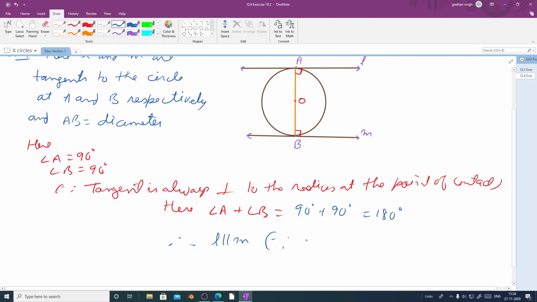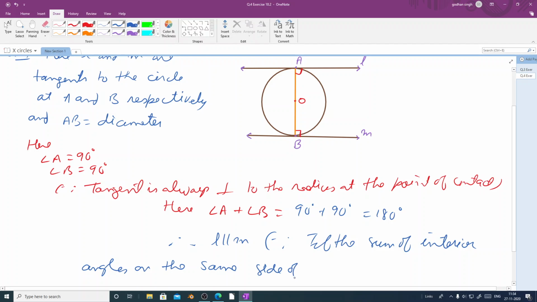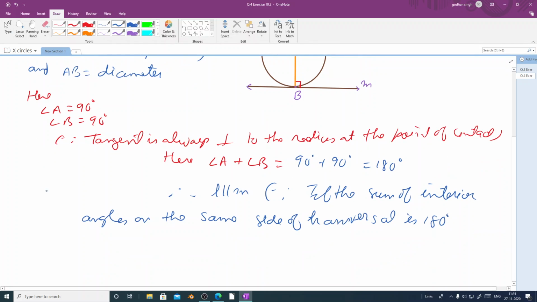Why? Because if the sum of interior angles on the same side of a transversal is 180 degrees, then the lines are parallel.